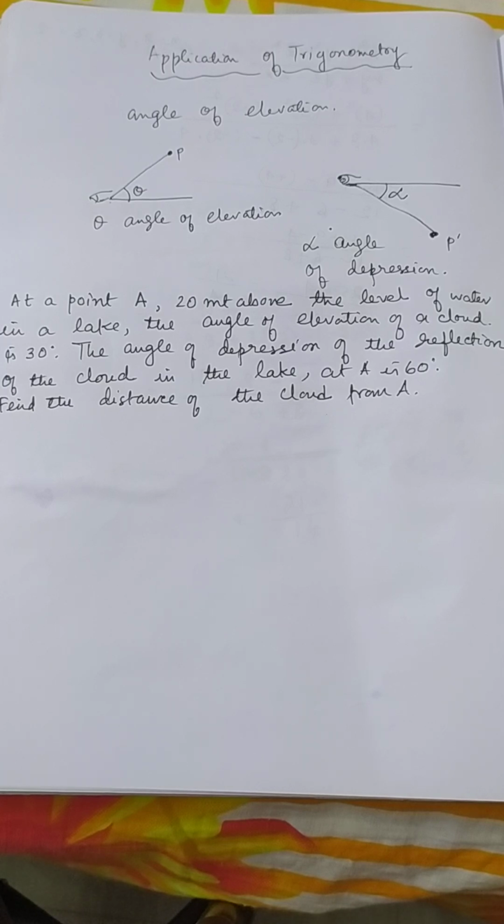At a point A, 20 meters above the level of water in a lake, the angle of elevation of a cloud is 30 degrees. The angle of depression of the reflection of the cloud in the lake at A is 60 degrees. Find the distance of the cloud from A.